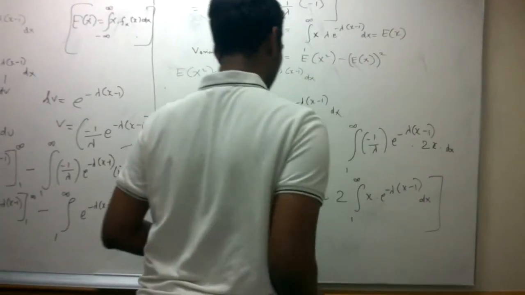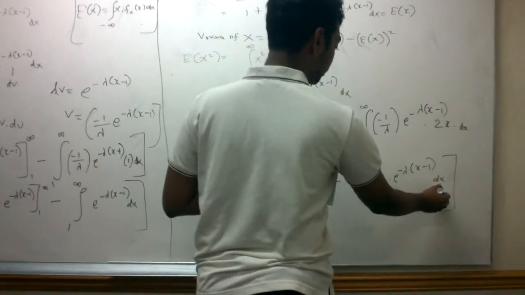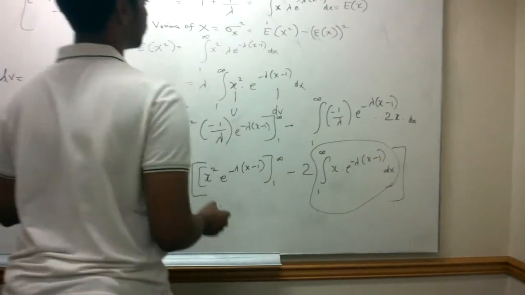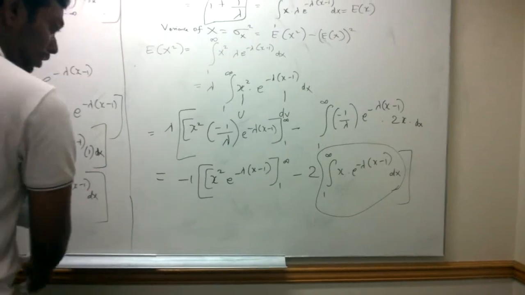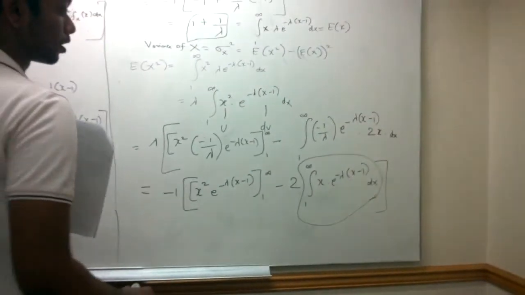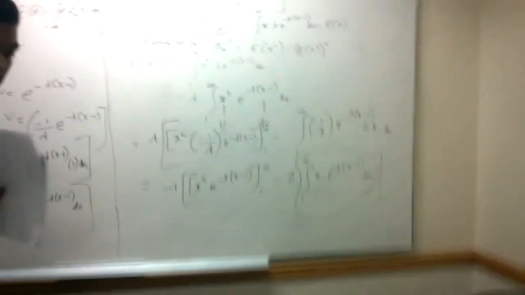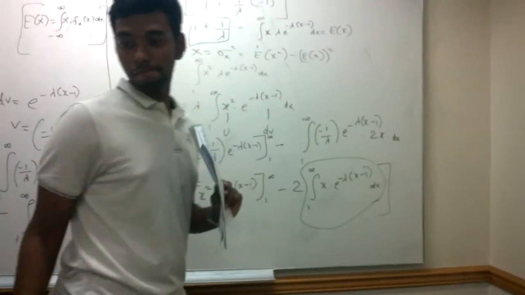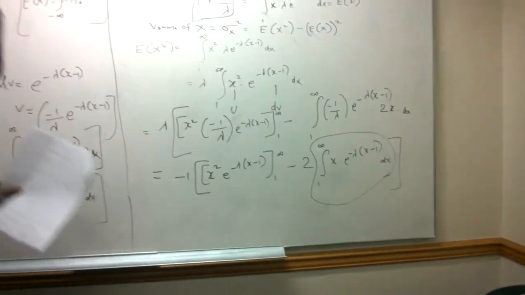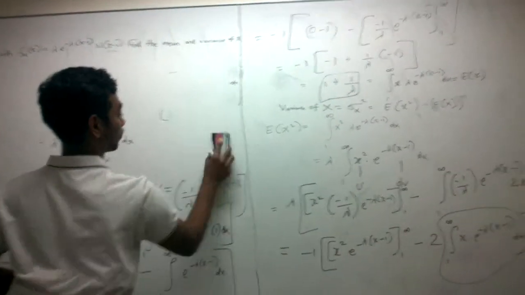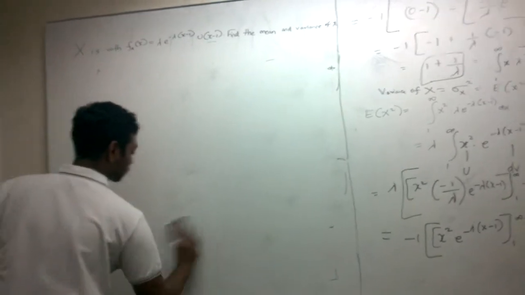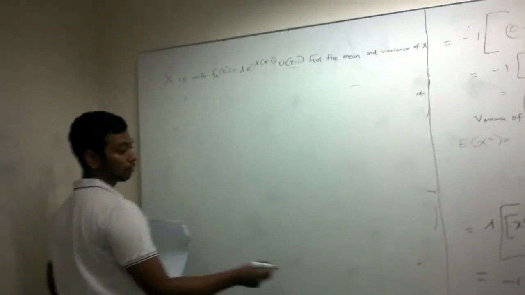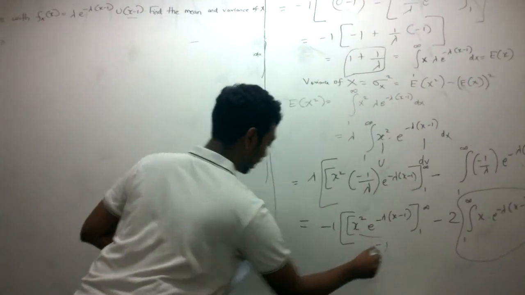And as you can see, we have already calculated the value for this term. It's equal to 1 plus 1 by lambda. So I'm going to substitute it directly. And we know this first value is going to be equal to minus 1 when we perform the limit substitution operation.